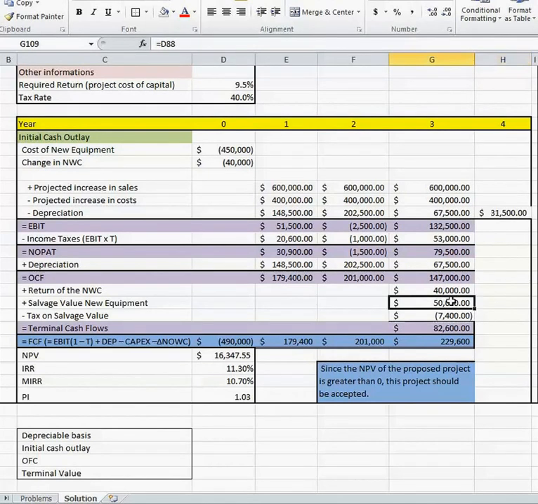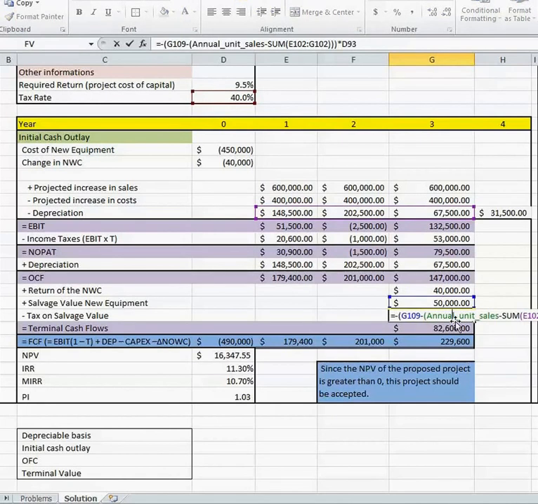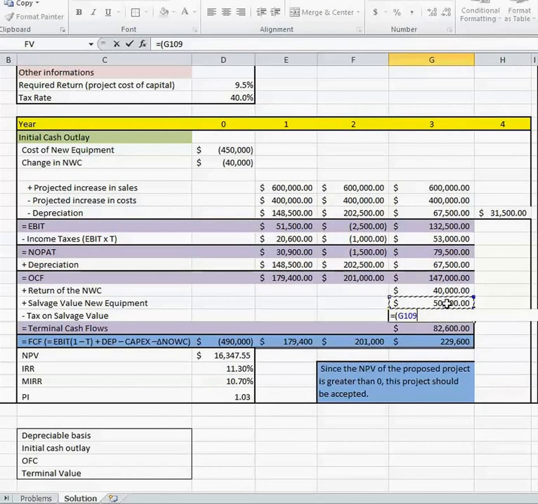So find the difference between these two and multiply by the tax rate. Let me simplify here: I'm going to do the difference between the salvage value minus the book value.